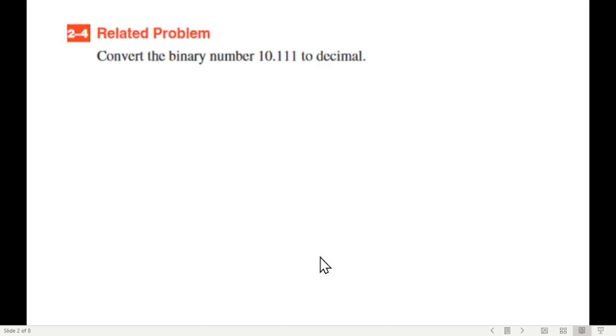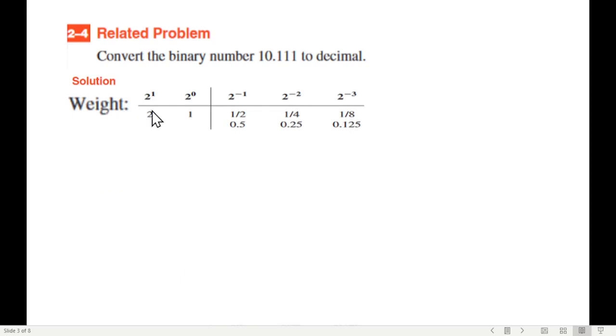The next number is this binary again, but it is in fraction form, 10.111, and this we have to convert into decimal. Again we'll follow the same technique. We'll get this weight table, but this time we have included the fractional part of the table as well, because ours has 3 digits to the right of the decimal point.